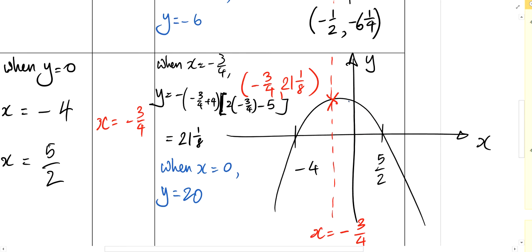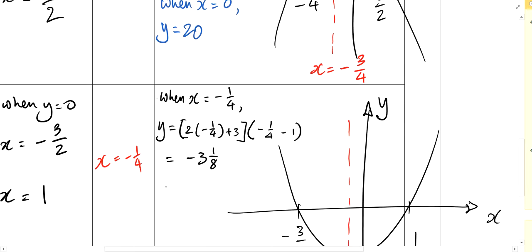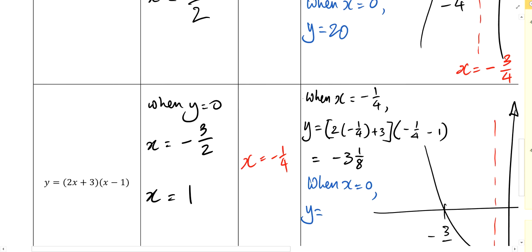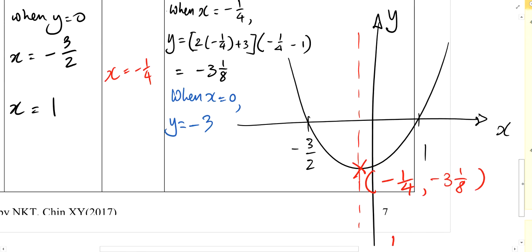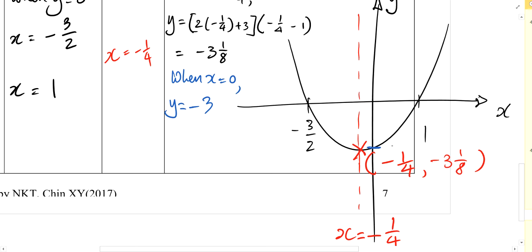So this value will be 20. Last one, when x equals 0, y equals, how much? Negative 3. So check whether everything makes sense or not. This value, negative 3.